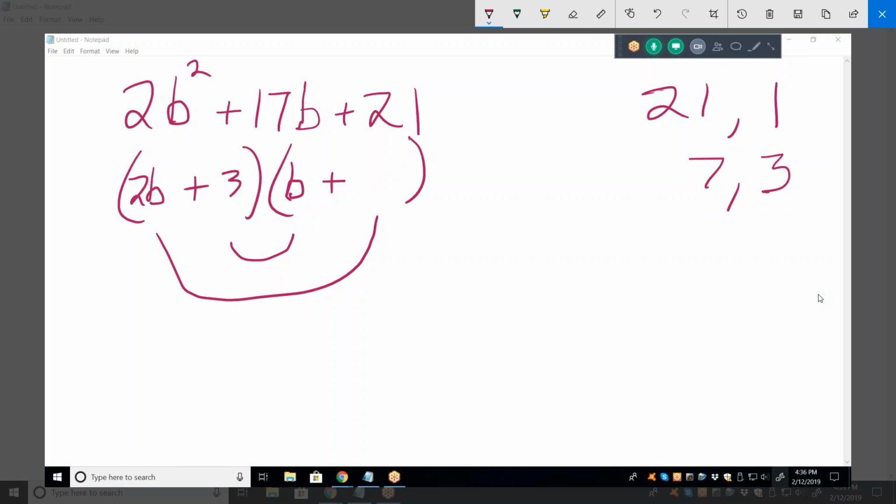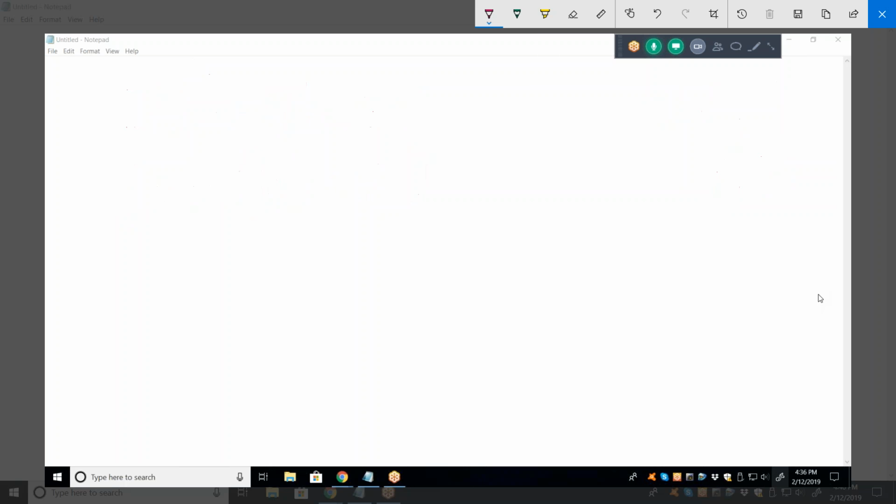Let's try 3 there, 7 there. Well, that gives you 3b there, 14b there, bingo. There's your answer. If that would not have worked, then I would have gone back and tried 21 and 1. Always start with the two closest ones and then go from there.